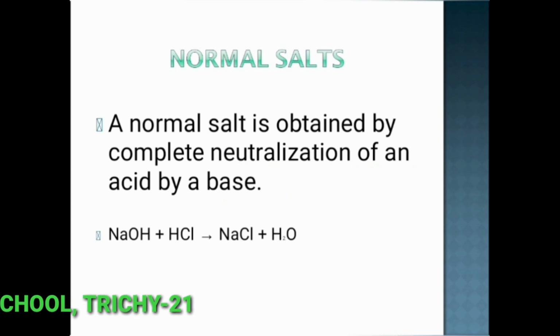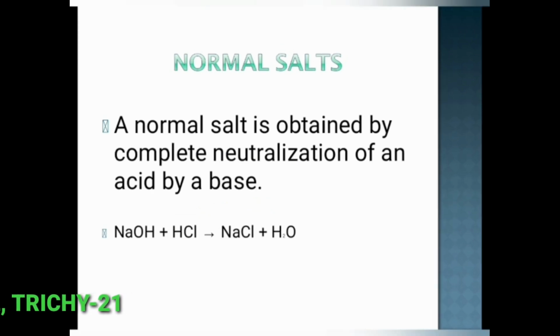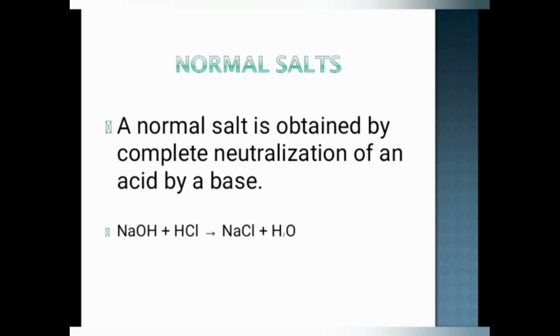For example, sodium hydroxide base reacts with hydrochloric acid, gives sodium chloride salt and water. So here complete neutralization takes place. When acid reacts with base, a normal salt is obtained by complete neutralization of an acid by a base.